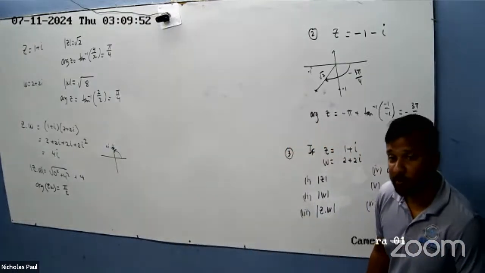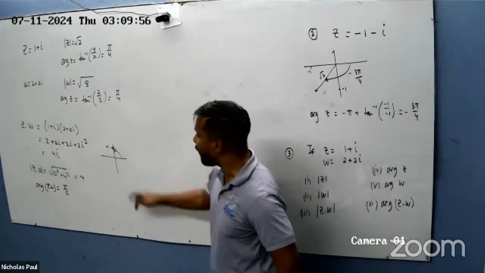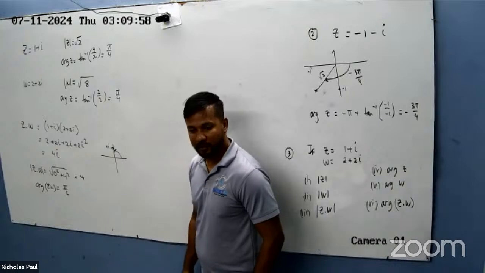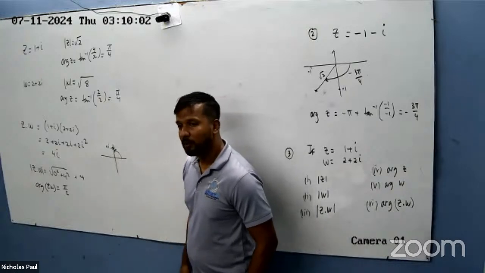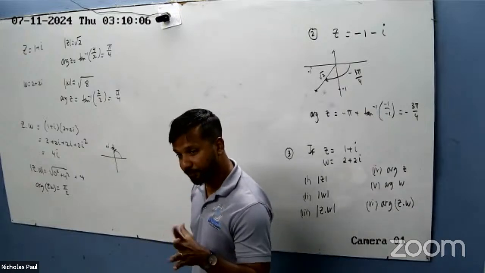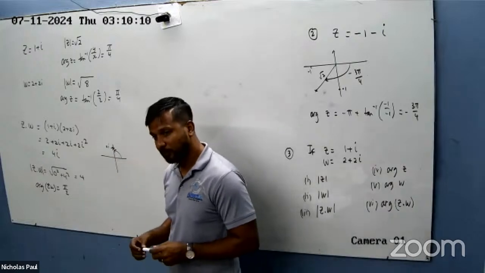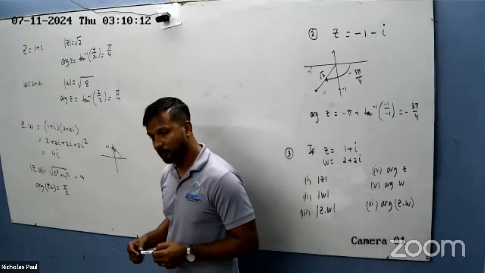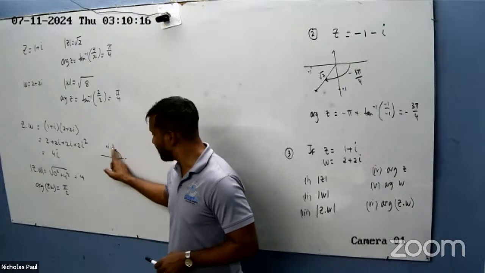How do I get pi on 2 here? How much is it from here to here?